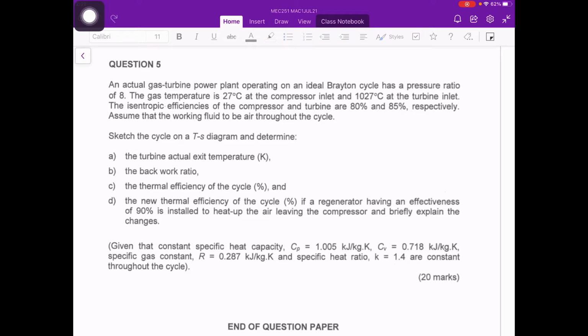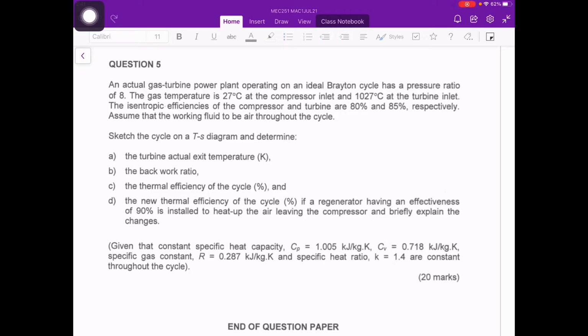Assume that the working fluid to be air throughout the cycle. Sketch the cycle on a TS diagram and determine the turbine actual exit temperature in Kelvin, the backwork ratio, the thermal efficiency of the cycle in percentage, and the new thermal efficiency of the cycle in percentage if a regenerator having an effectiveness of 90% is installed to heat up the air leaving the compressor, and briefly explain the changes.